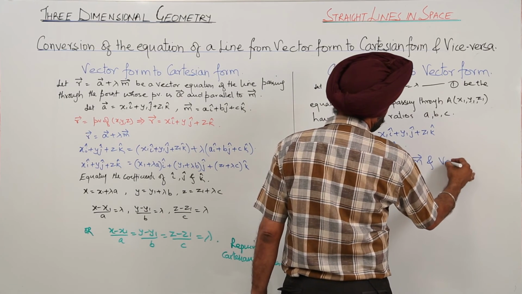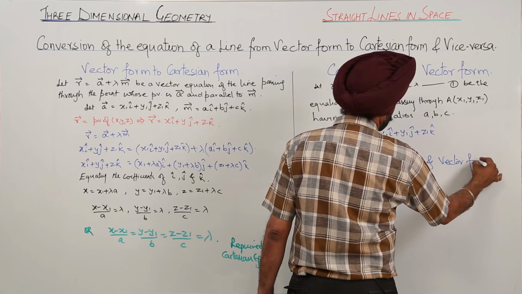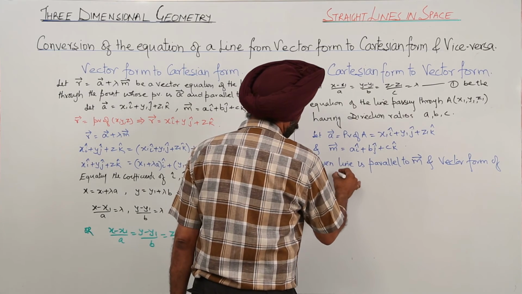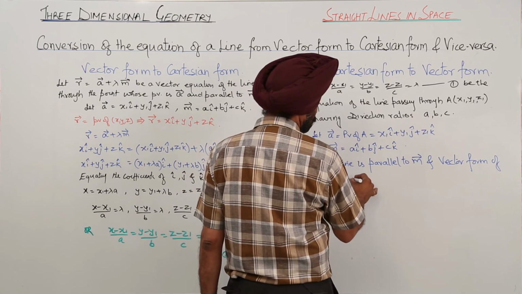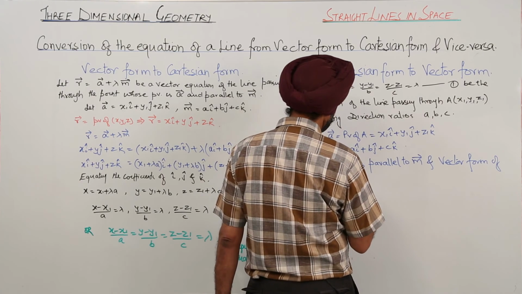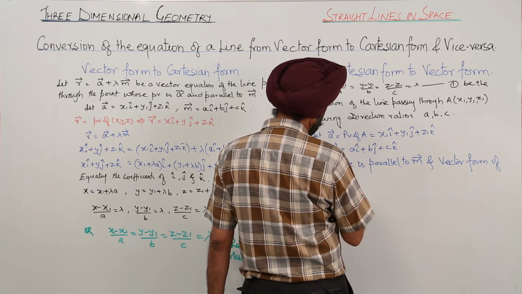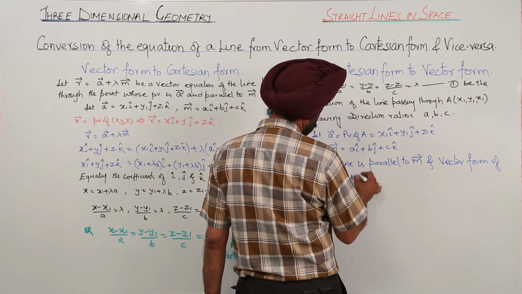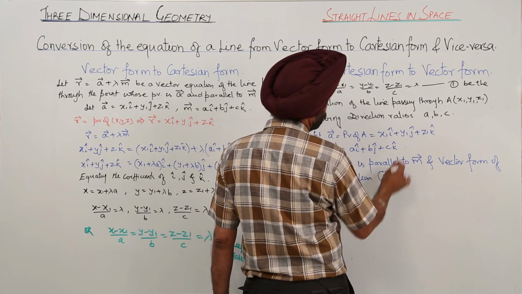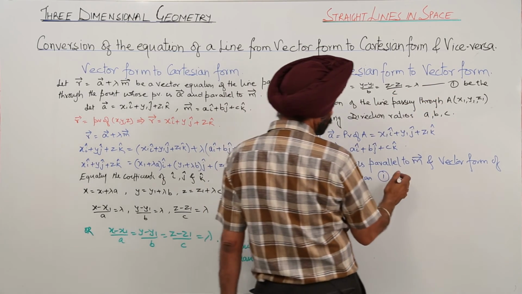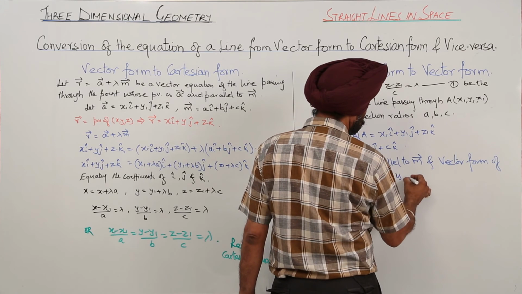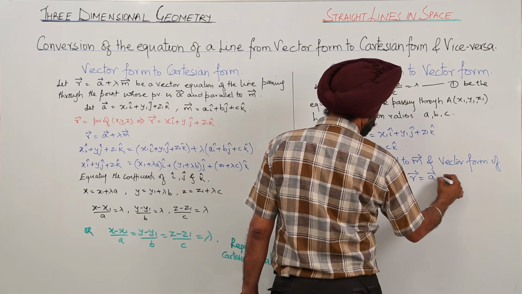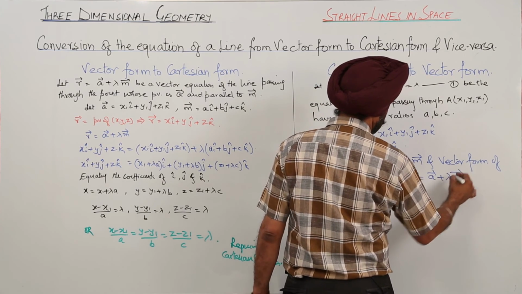and the vector form of the line, let it be equation 1, okay. Vector form of equation 1 is vector r is equal to vector a plus lambda vector m.